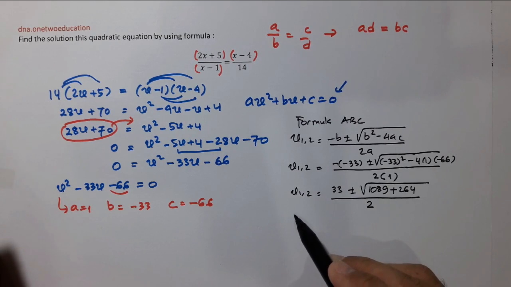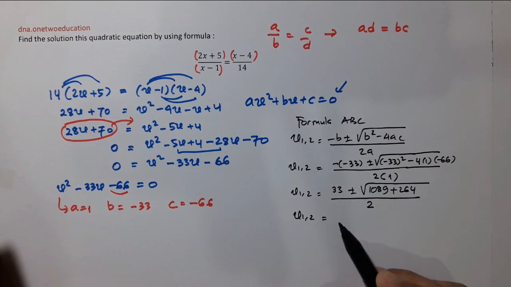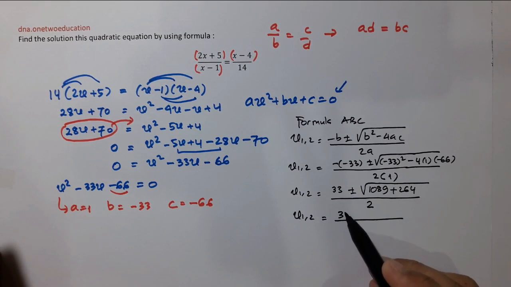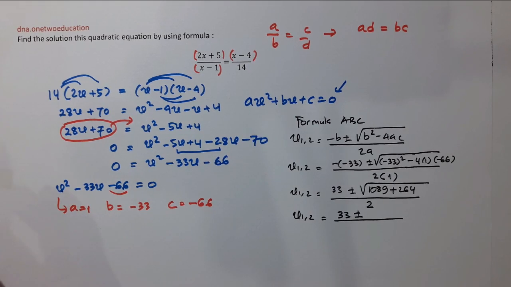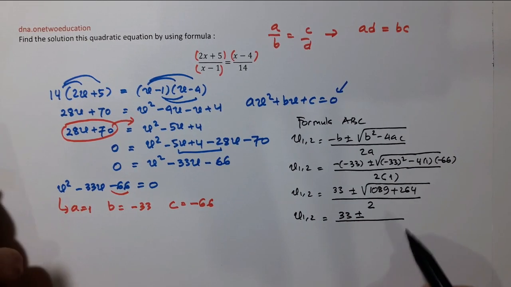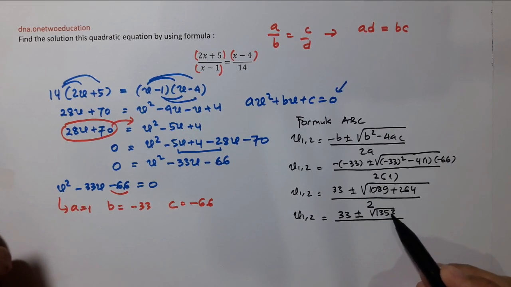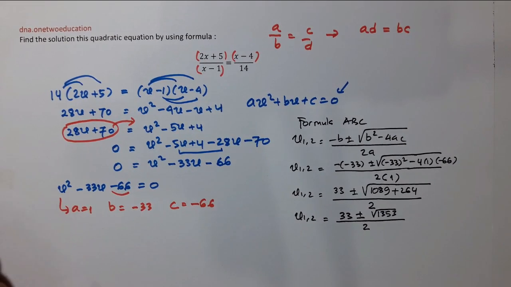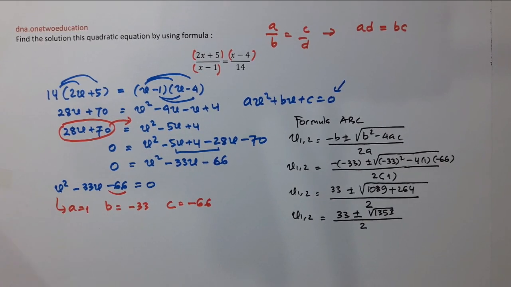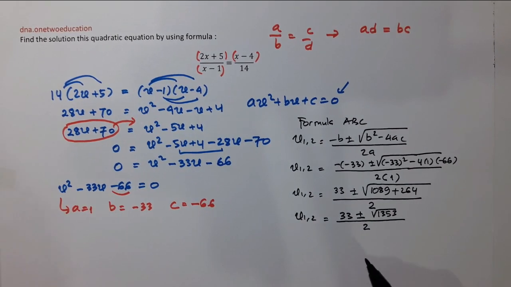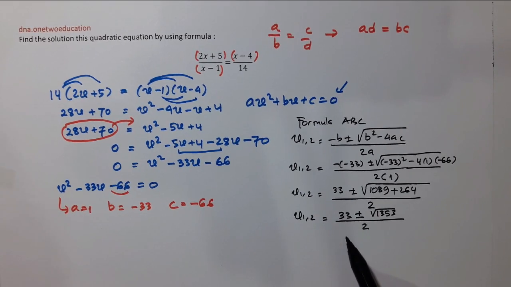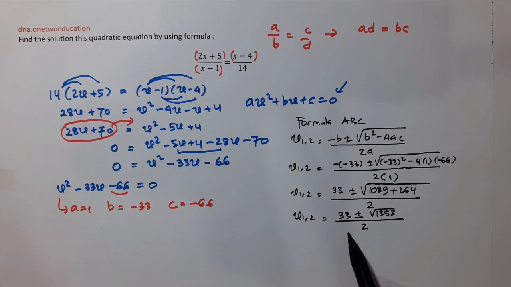So x1,2 equals 33 plus minus root of 1353 divided by 2. Okay, now we have this very simple one, right? So what about the solution? We can separate the solution into two parts.